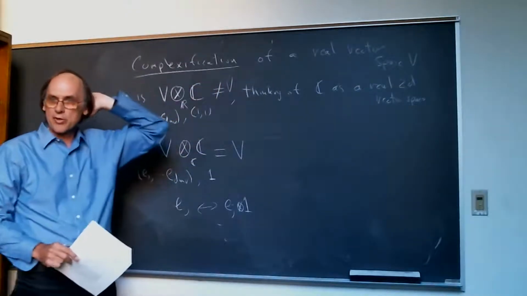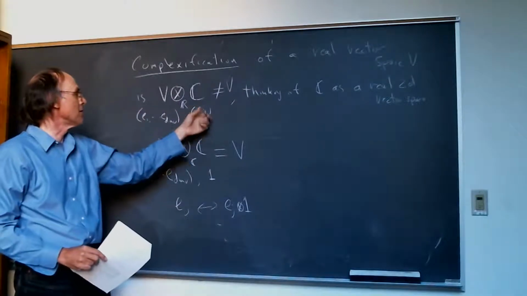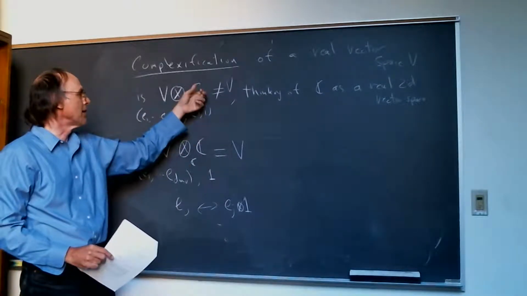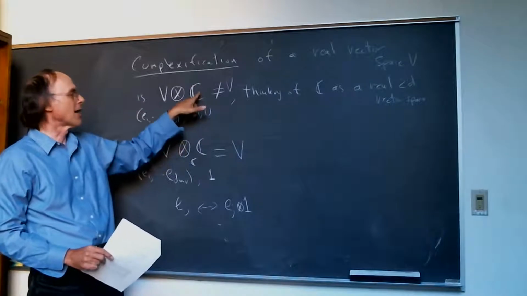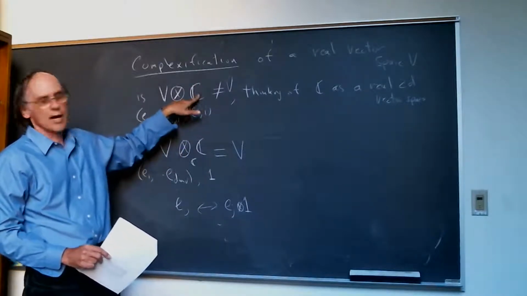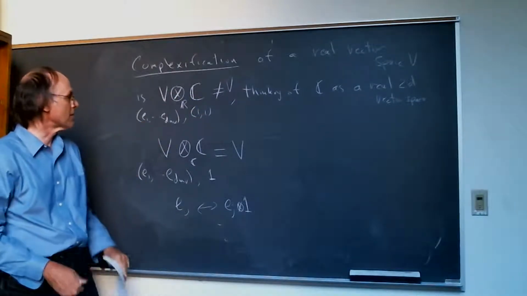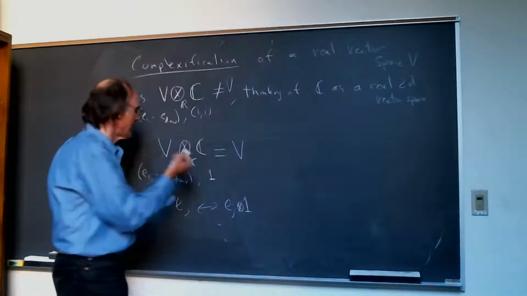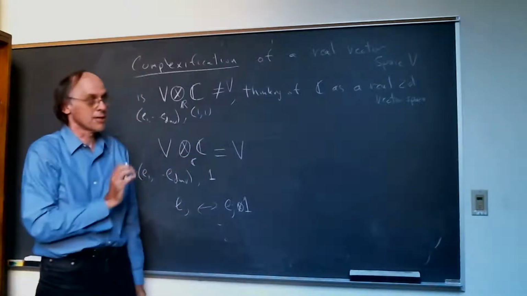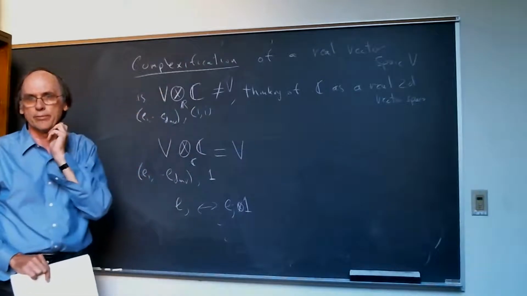You also know how to multiply complex numbers by him, using the bilinearity on the C side. So it's a bit confusing, but this is the right piece of abstract nonsense to say exactly what I mean by a complexification.